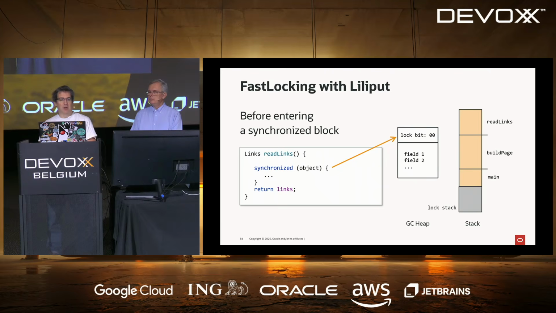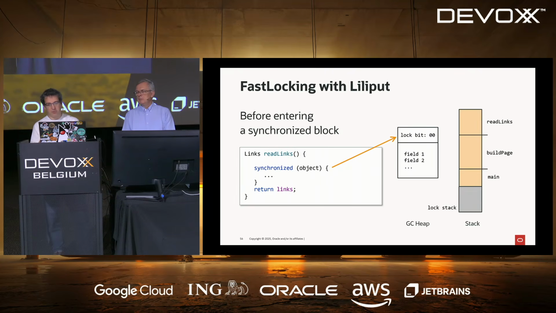Before entering a synchronized block, the lock bit is 0 by default. And we have a new structure, if you can see, at the base of the stack.